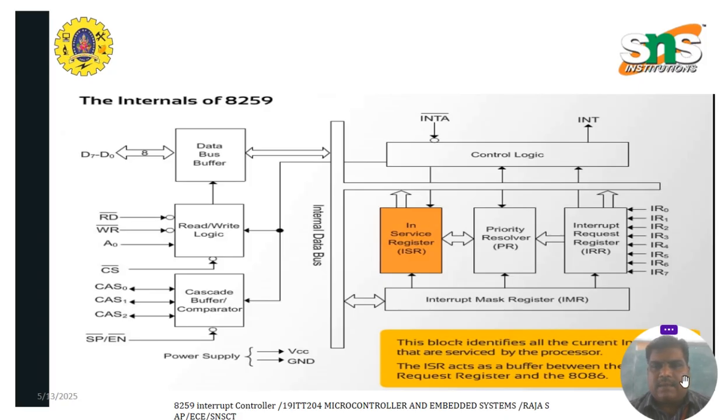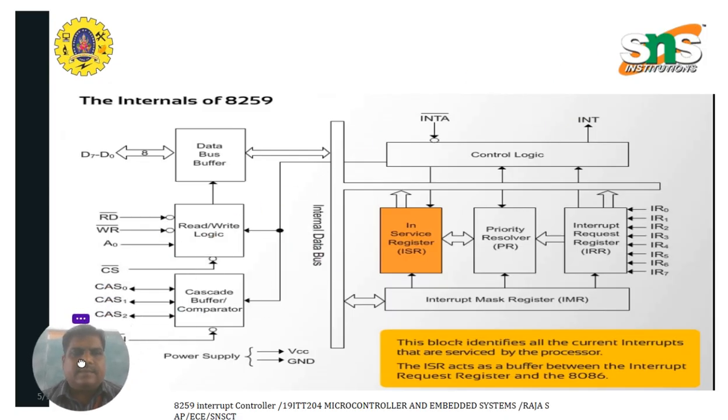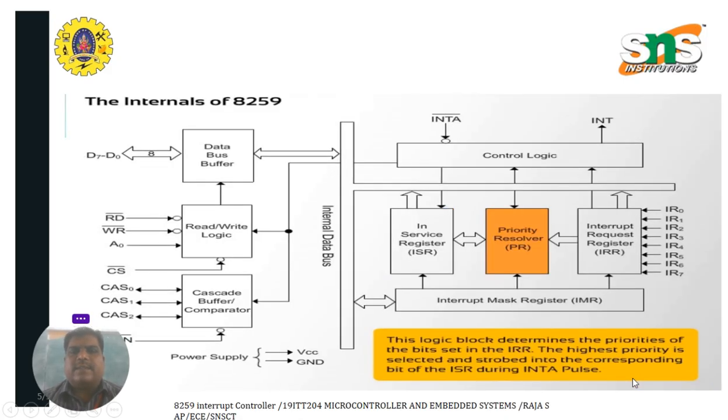Next, the first block, the in-service register. This block identifies all the current interrupts that are being serviced by the processor. That is, this ISR acts as a buffer between the interrupt request register and the 8086. The next one, the priority resolver.